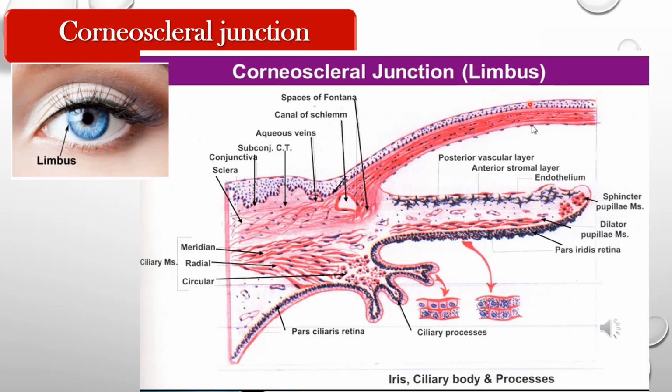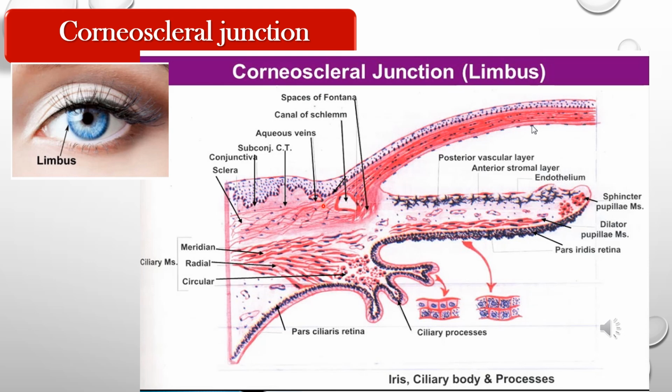The Bowman's membrane ends at this point abruptly and is replaced by the subconjunctival connective tissue. The substantia propria, or the stroma of the cornea, becomes irregular. As you see here, the irregular arrangement of the fibers forms the white opaque sclera proper.